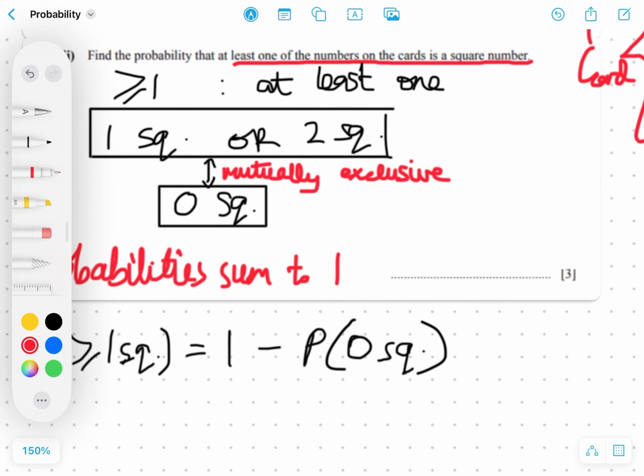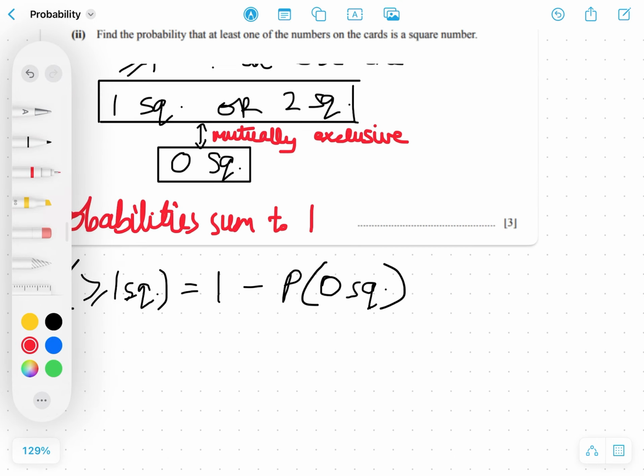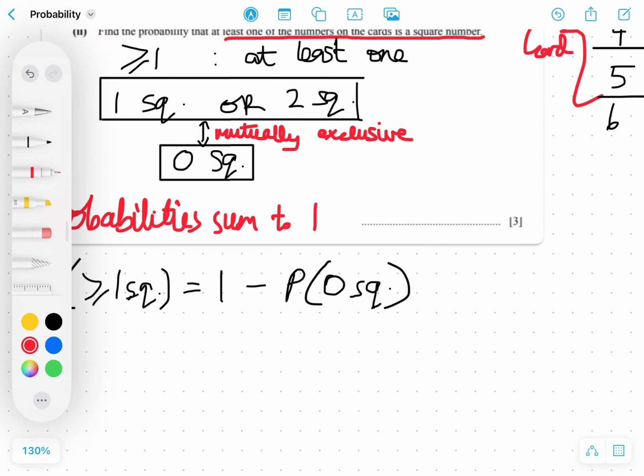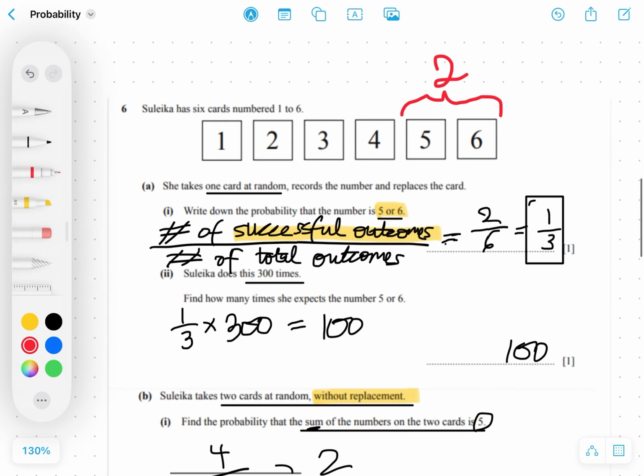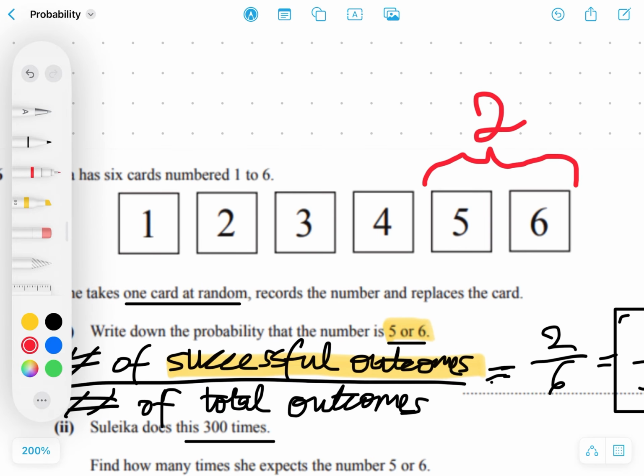So, what's the probability of getting 0 square numbers? That means that on the first card she chooses, it's a non-square number, as well as the second card that she chooses. From these 6 cards, we can see that the only square numbers are 1 and 4. And the other 4 are non-square.